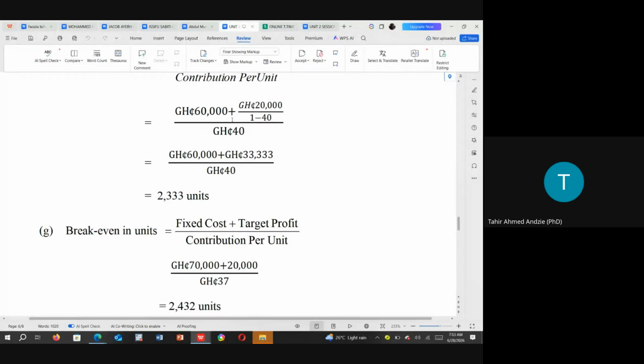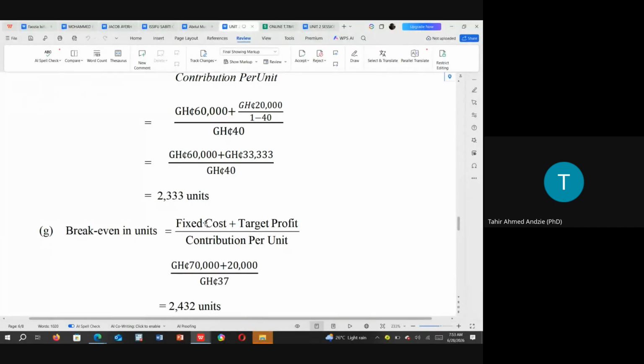To get the same profit after tax in sales value, you can multiply the quantity by the selling price, or you can divide the fixed cost plus the target profit by the contribution margin ratio, which was 0.4, and multiply this same thing by the selling price to give you the same thing.